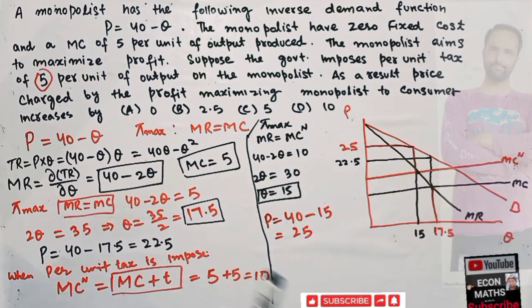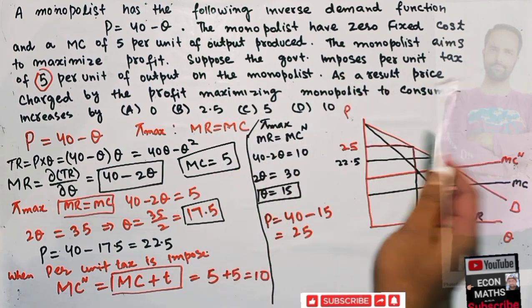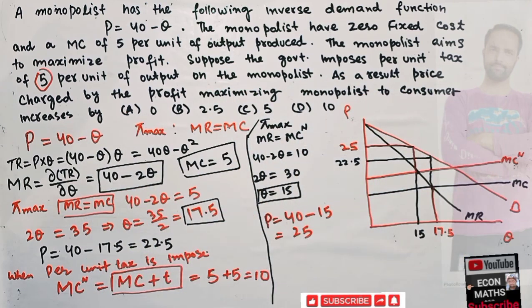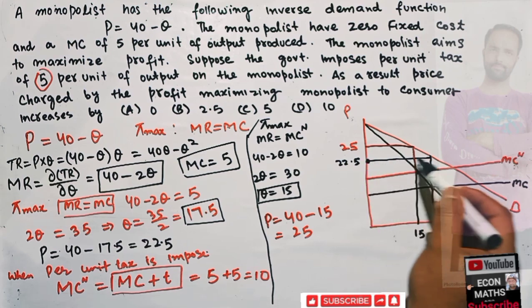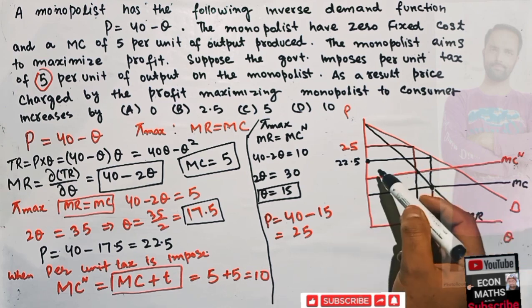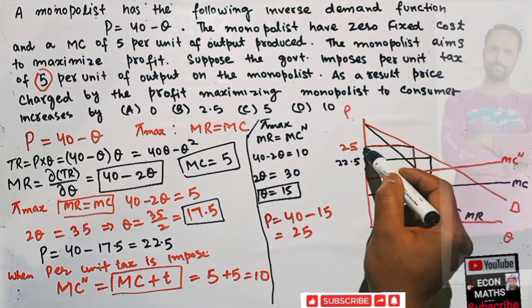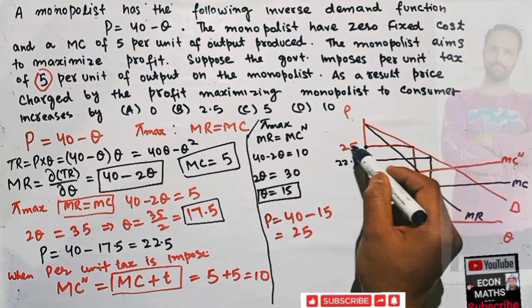Okay, now as a result the price charged by the profit maximizing monopolist to consumer increases. Originally consumer was paying 22.5, okay, when there was no tax being imposed. When the per unit tax was imposed, the price that the consumer is bearing is equal to 25.